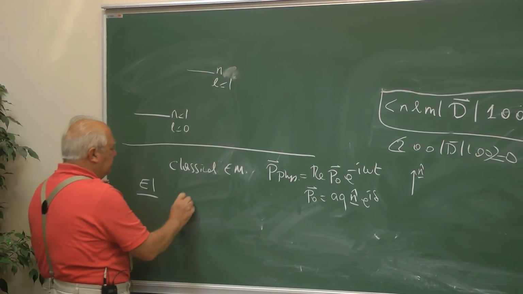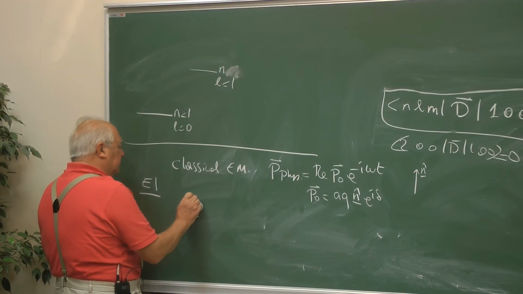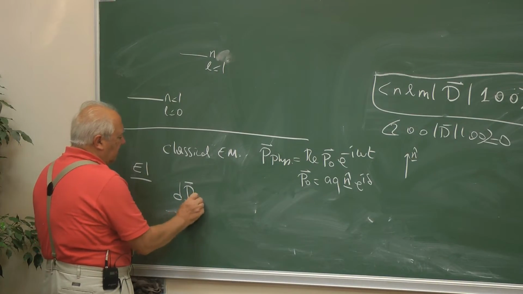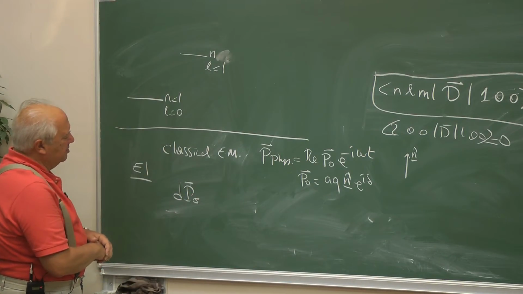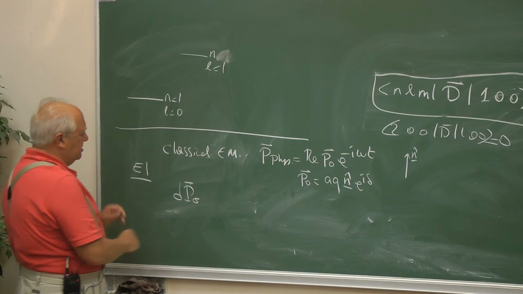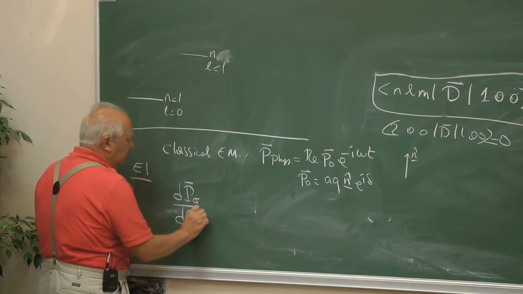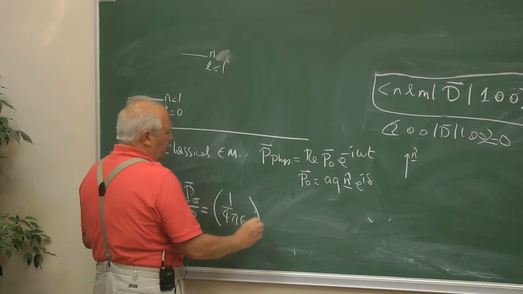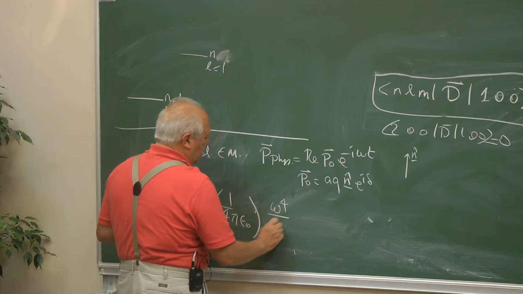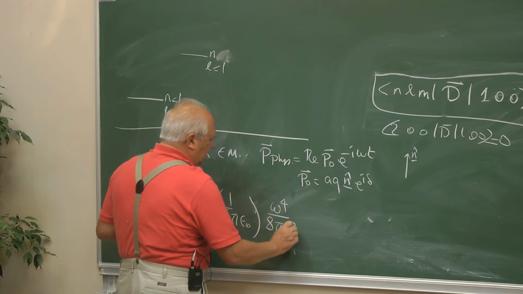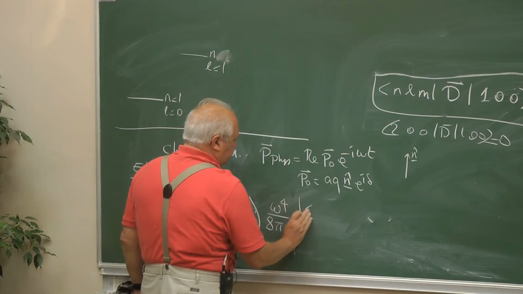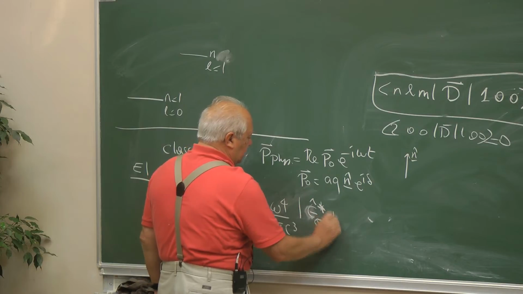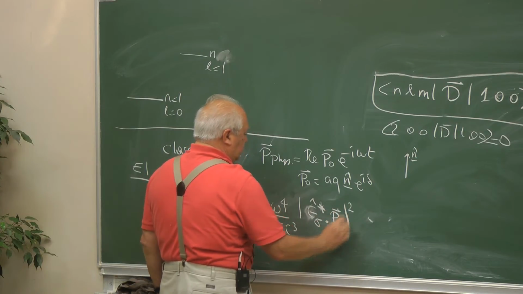In that case, the average power, this means this is not a vector, this is just the average power radiated in the polarization state sigma per unit solid angle can be written like this: 1 over 4 pi epsilon 0, omega 4 over 8 pi c cubed, epsilon sigma dot P0, absolute square.